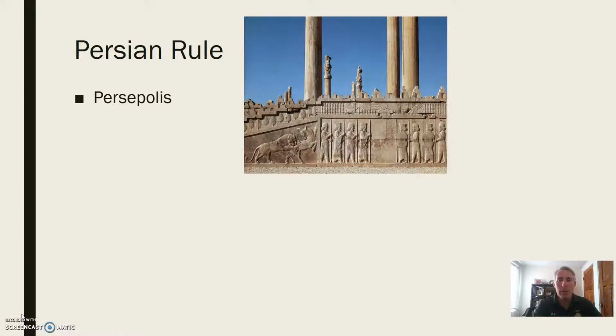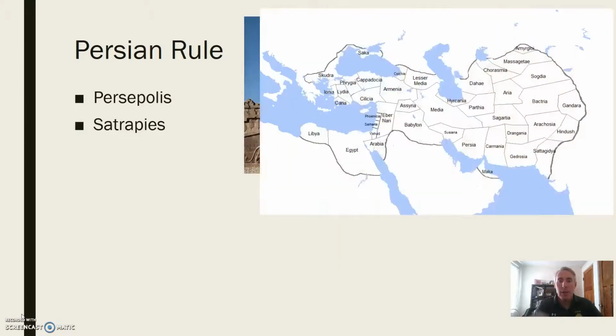Another thing that the Achaemenids did, which was very practical, was they divided the empire up into these things called satrapies. A satrapy, think of as kind of like a state or a province. They recognized that ruling the whole thing from their homeland in the satrapy of Persia probably wasn't the most efficient way, if they were going to directly rule every single area of it.